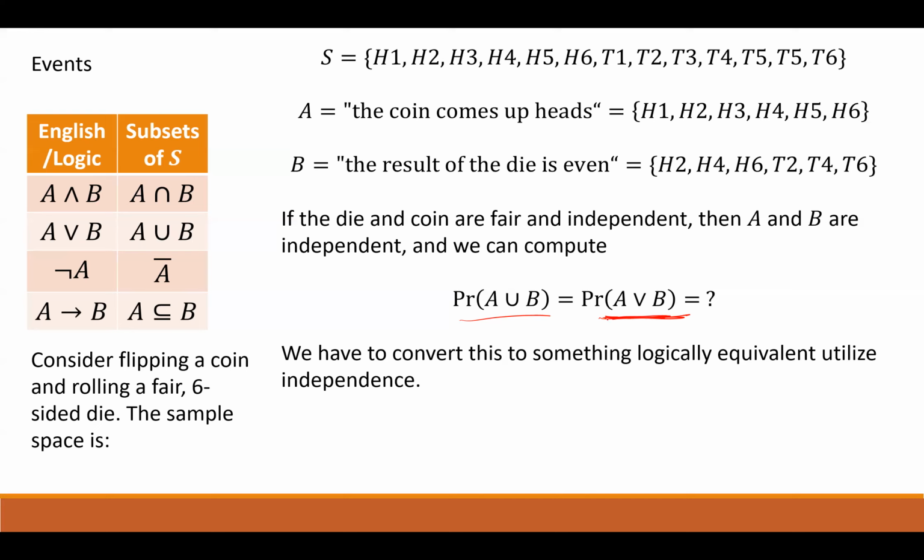These 2 events are not disjoint because they have elements in common: H2, H4, and H6. So they're not disjoint, so I can't use the sum rule. Independence gives us this, that if I take the intersection, I get the product, but it does not really solve our union problem. So we have to be a little clever about that.